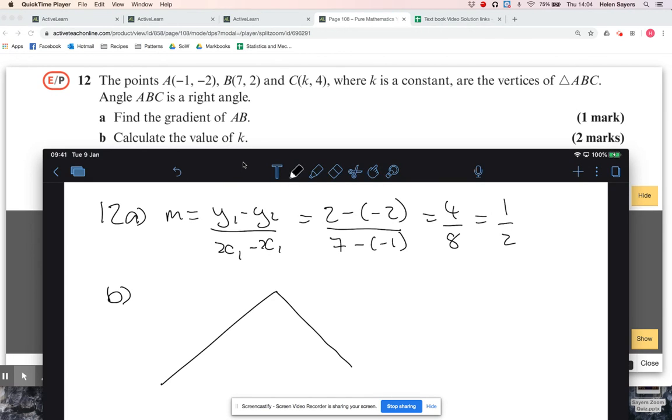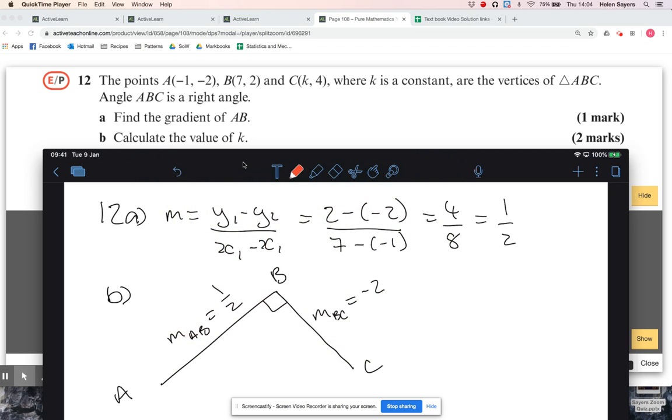If I know that ABC is a right angle, and we have just worked out that the gradient of AB is a half, then obviously, if they're at a right angle, they're perpendicular to each other. So that means that the gradient of BC is minus 2. Okay, so that's just using gradients of perpendicular lines.